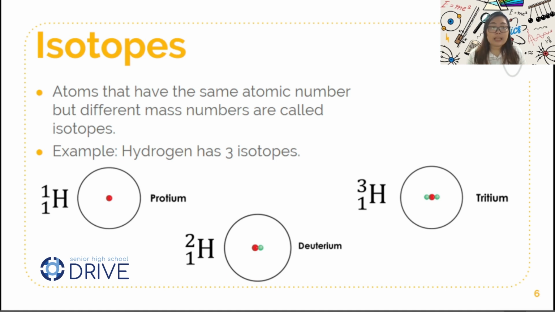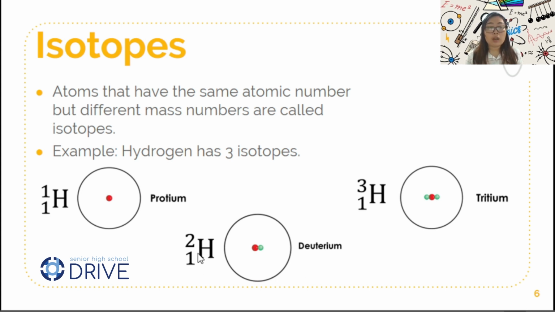Now, let's take a look at our example here. Hydrogen has three isotopes. Okay? So, the first one is your normal hydrogen, which is also known as protium. Okay? It has one proton and therefore the mass number is also 1. Now, we have another isotope of hydrogen, which is called deuterium. Okay?